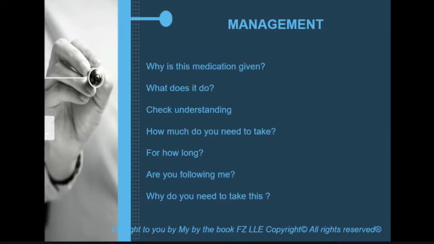Please often check your patient's understanding. Are you following me, Claire or Miss Claire? And she says, yes, I am. Why is it important to maintain a two-way conversation? If your simulator or your patient understands at least two sentences of what you are trying to convey, you have done your job.